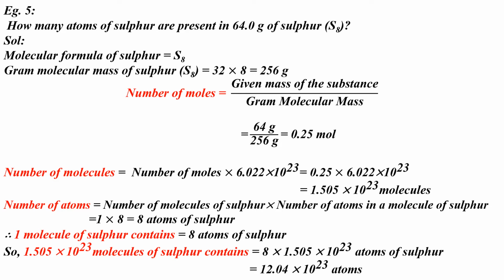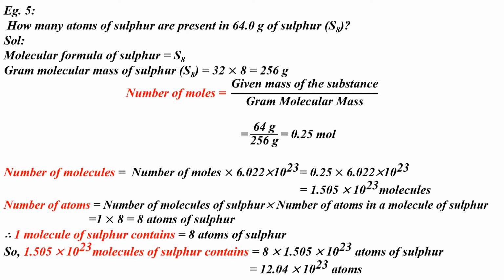Now, how do we calculate the number of atoms in sulfur? Here we are dealing with one molecule. Generally, there is a formula to find the number of atoms in n molecules of sulfur: number of atoms equals number of molecules of sulfur times the number of atoms in a molecule of sulfur.